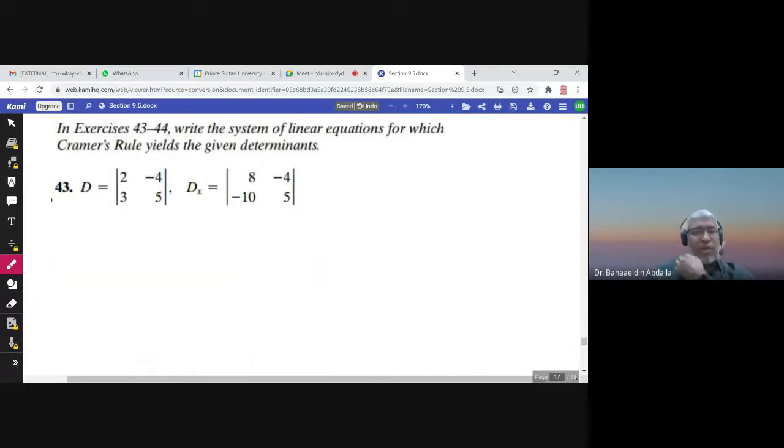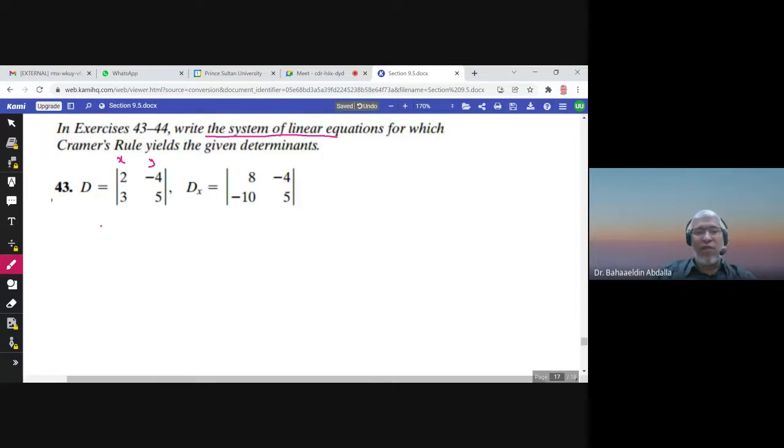Now some other type of questions. Write the system of linear equations for which Cramer's rule yields the given determinants. So if this is the determinant D and this is the determinant Dx, when we use Cramer's rule, can you write the system? If you remember, we have the coefficients of x and the coefficients of y.